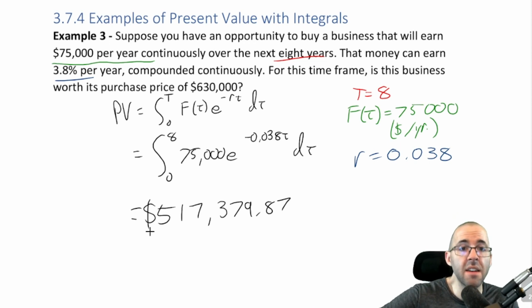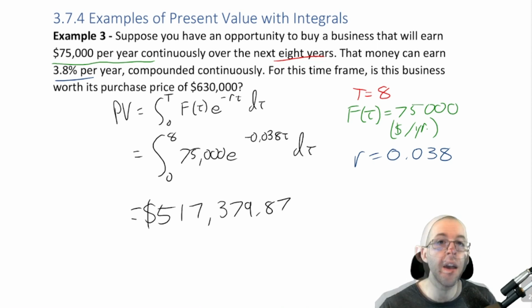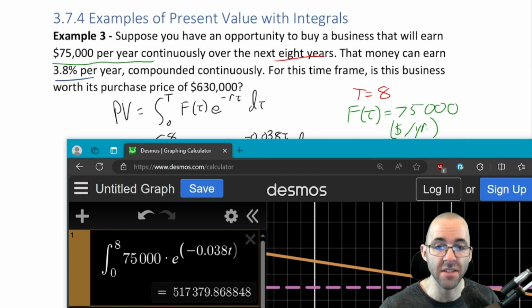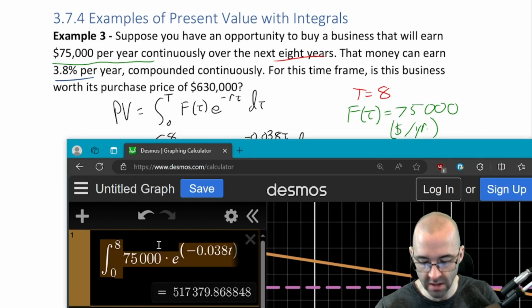So it looks like at this interest rate, this company is only worth $517,000. That's less than the price. So it does not seem to be worth it for us to buy this company. And again, let's put things in perspective here.